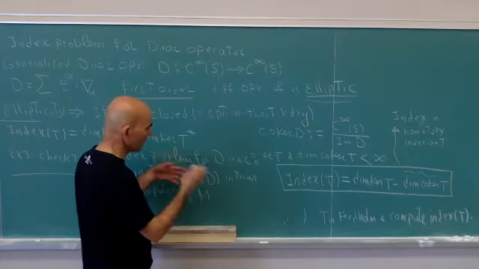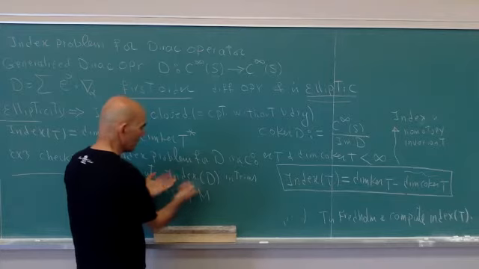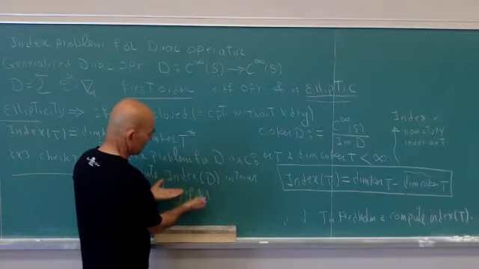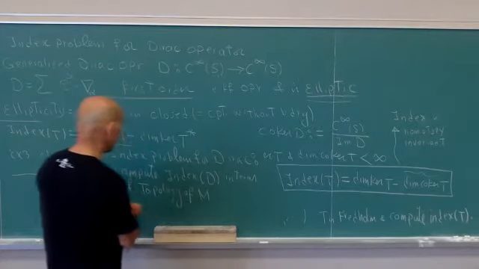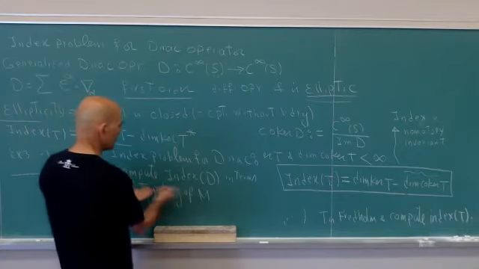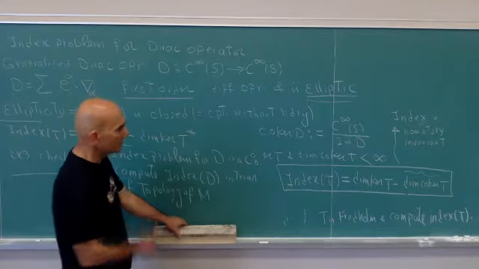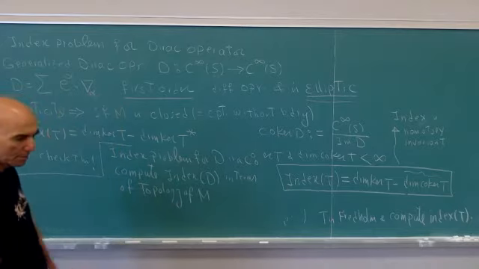So if you change, for example, the Riemannian metric, this doesn't change. So it means that this should be something expressible purely in terms of the topology of M. And that's the problem. And that's what the Atiyah-Singer index theorem actually solves.